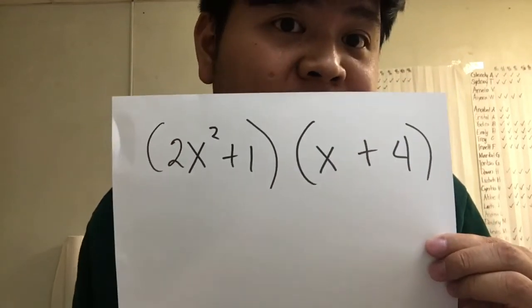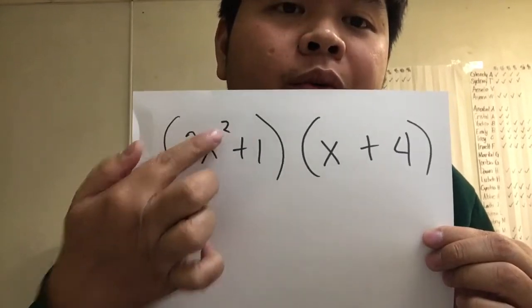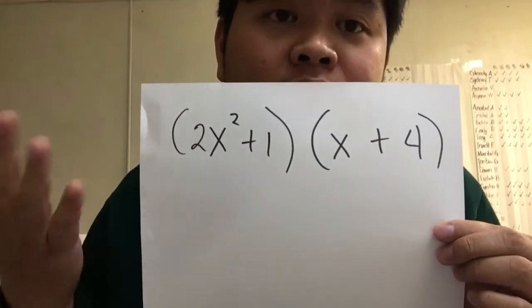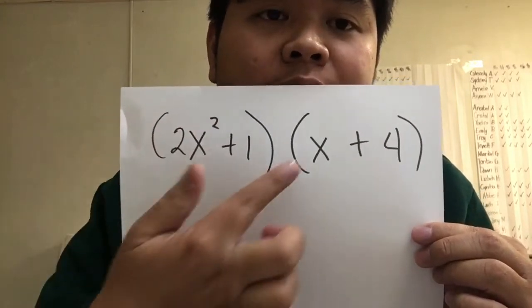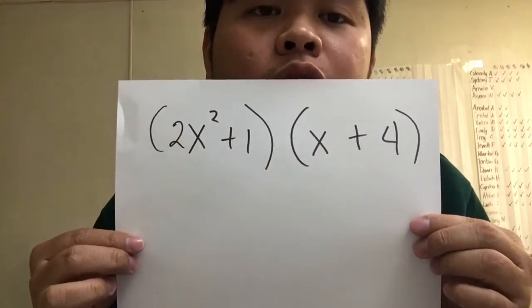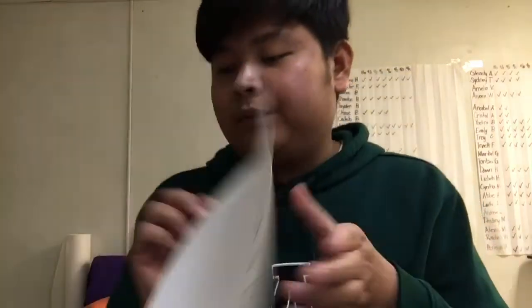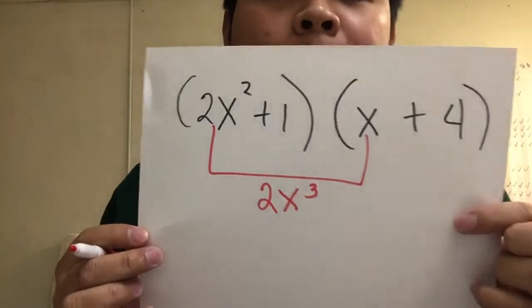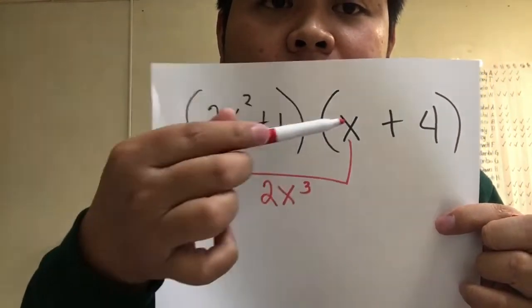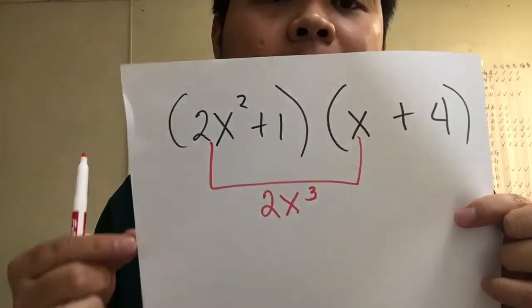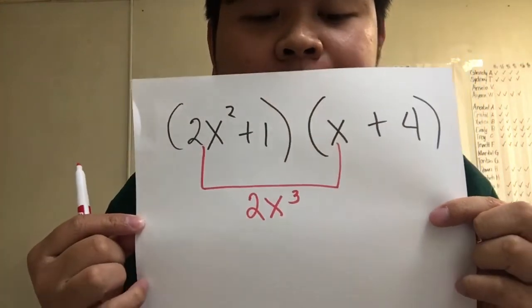We have exponents 2 and 1, and there's no number, so 2x squared times x is 2x cubed. Why do we have cube? Because this is 2 and this is 1, so we just add the exponents every time we multiply.